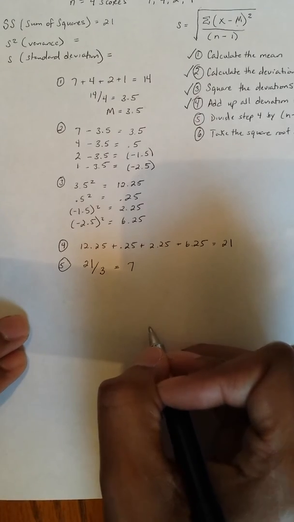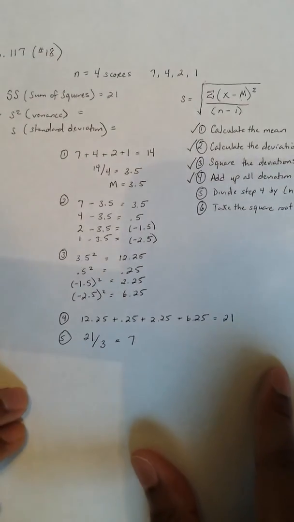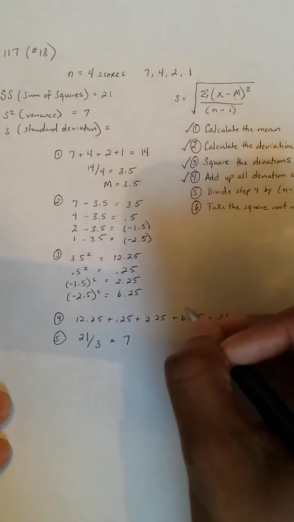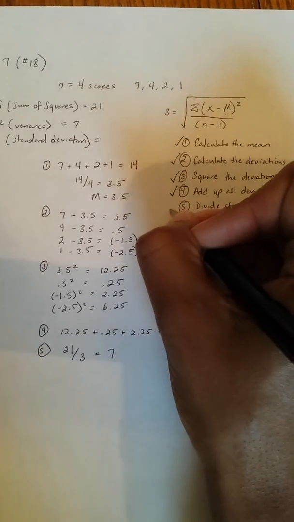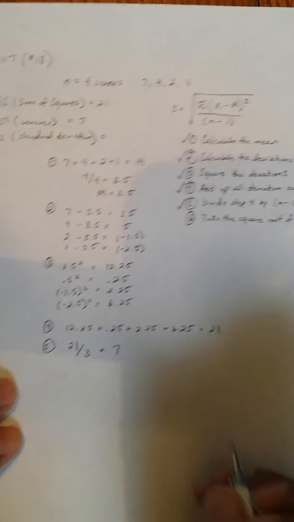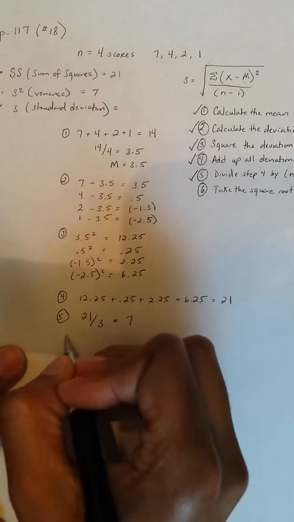Right? So we have just calculated our variance of 7. And that means that we have done step 5. Taking care of that, we've got one last step to go.